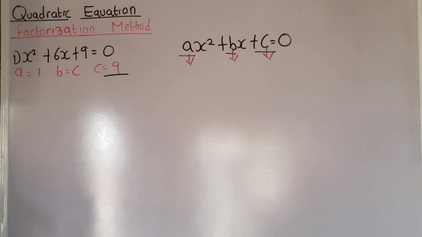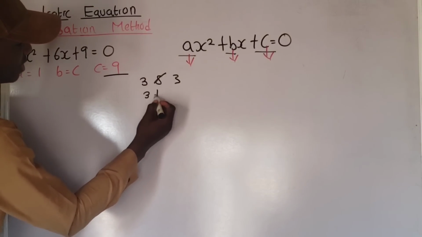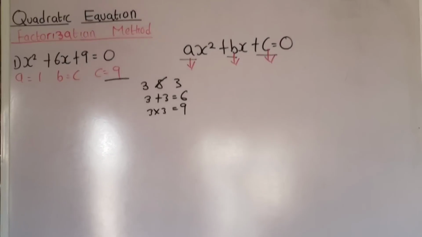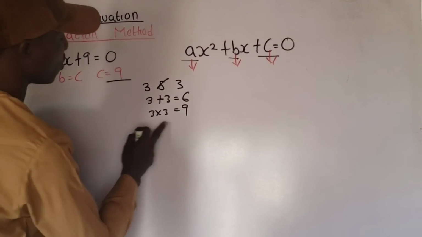What are those two numbers? 3 and 3. 3 plus 3 equals to 6, and 3 times 3 equals to 9. You understand? So as you can see, the sum of these two numbers is equals to 6, and their product is equals to 9.